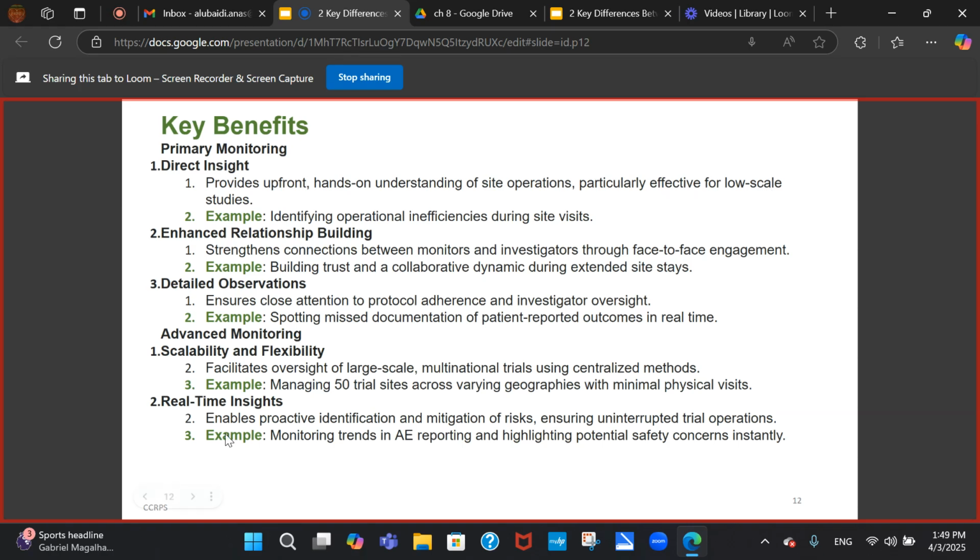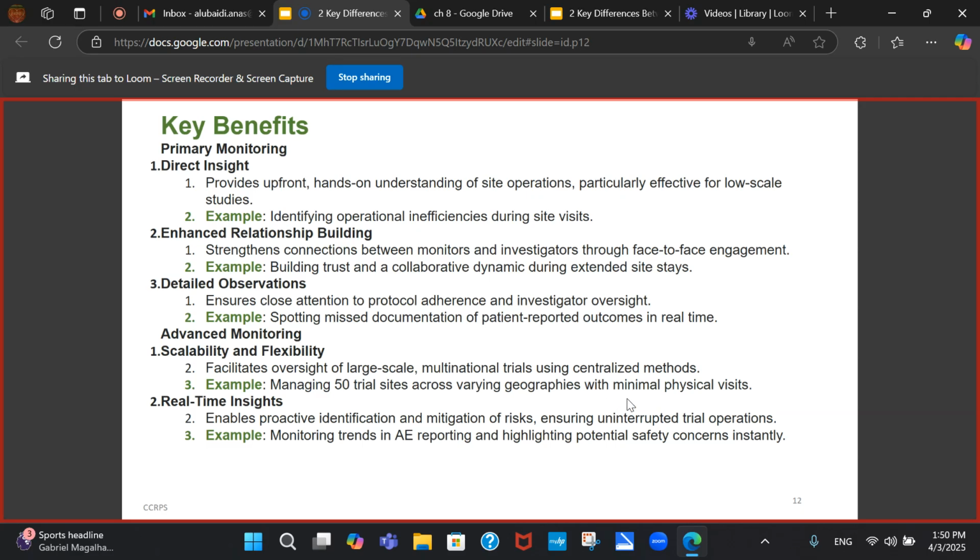Now for high scale or large scale studies, it is more suitable for advanced monitoring. So it facilitates oversight of larger scale multinational trials using centralized methods. Multinational, the international ones, the global trials. Example, managing 50 trial sites across varying geographies with minimal physical visits.